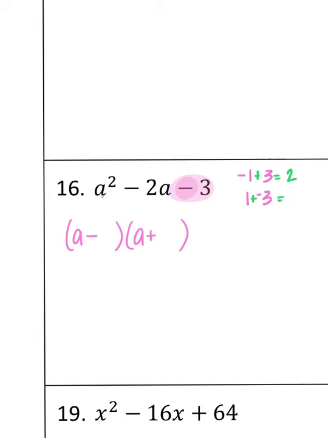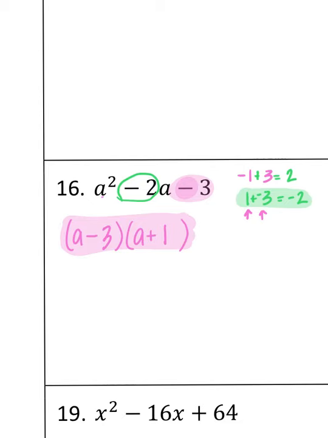And 1 plus negative 3 is negative 2. So which one works? I'm looking for negative 2. So the second one is what I'm going to use. Now, how do I decide where to put my numbers? Well, let's look at them. My 1 is positive. My 3 is negative. So it's going to be minus 3 plus 1. And that is how we do one with a subtraction sign. Okay?